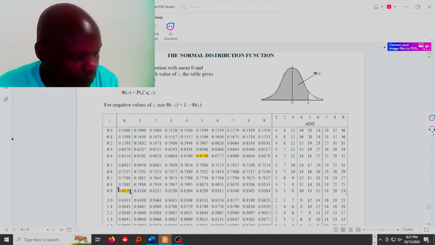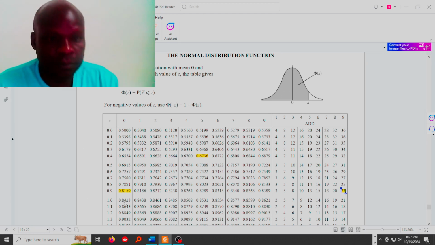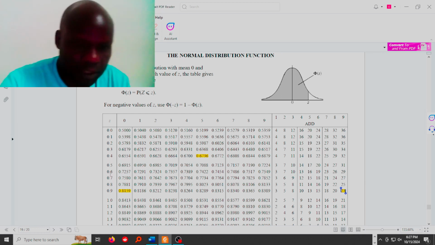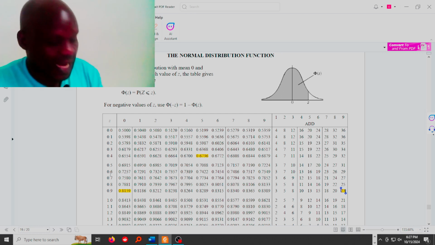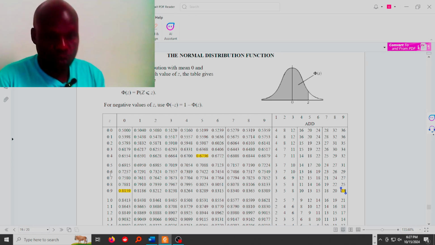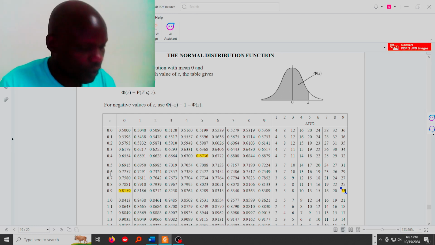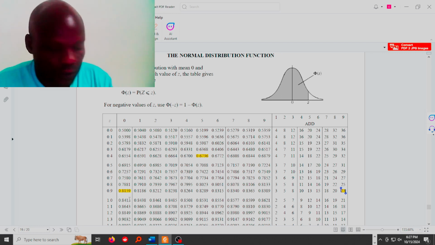So if I add 23 to this value, that is 0.8159 plus 23, that is 27818. That's about 0.8182. So that's the corresponding probability.